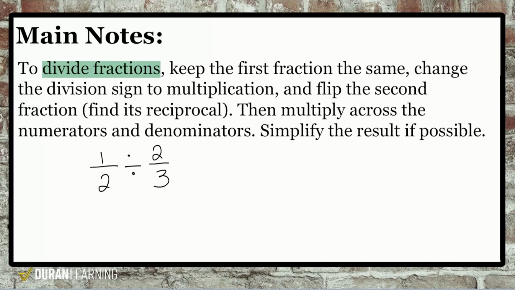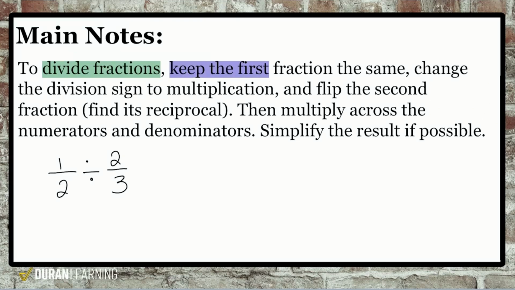Can everybody confirm in the chat box that yes, indeed, we do see division right here? Appreciate you. Thank you. So we have 1/2 divided by 2/3. What are we supposed to do here? Let's follow these notes. What we're supposed to do is keep, change, flip. Let me mark these down with some highlighting.